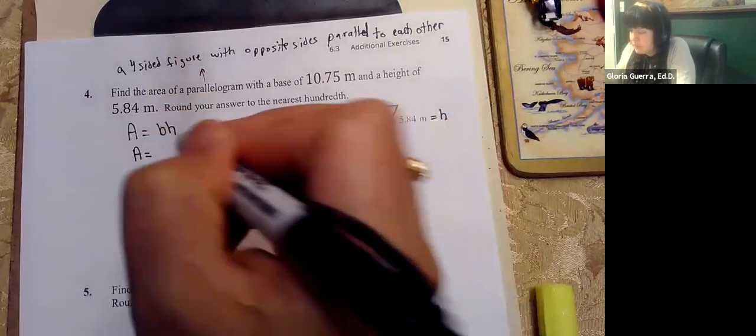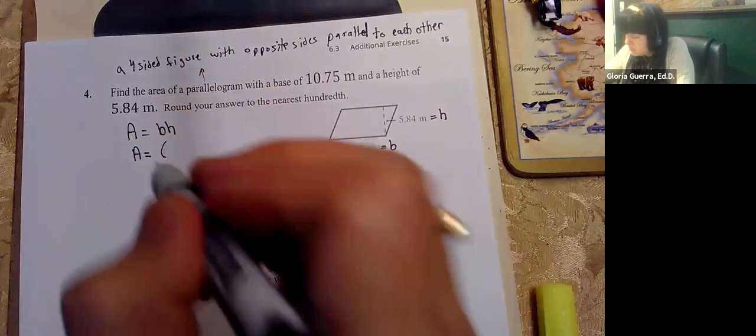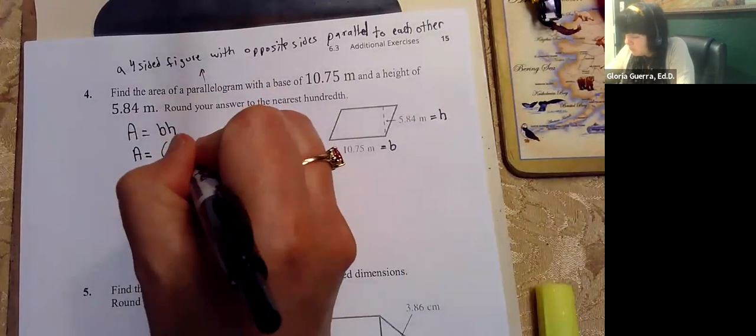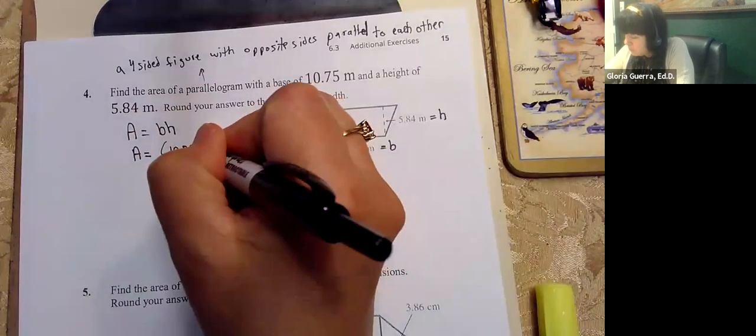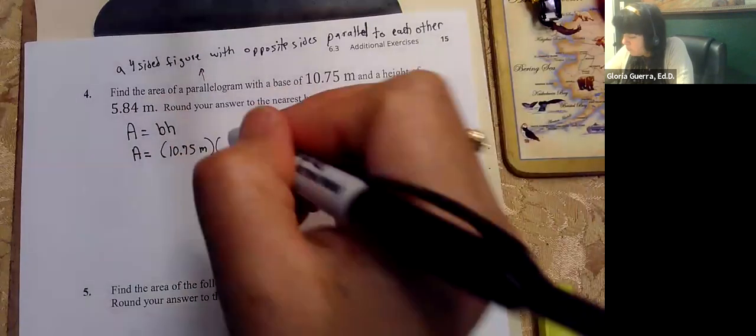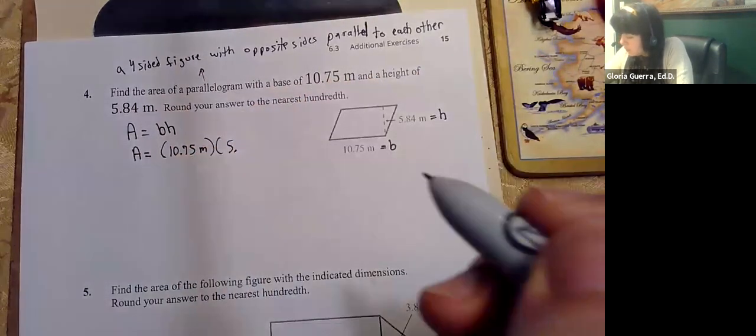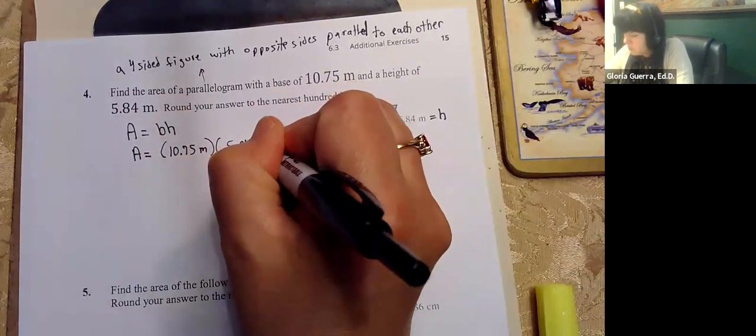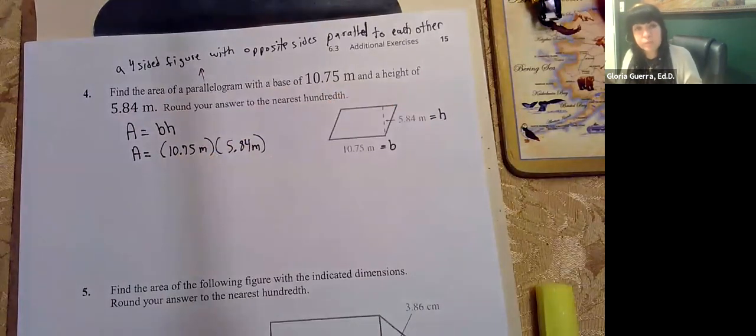Okay, and then I'm going to do my substitution. So the base is 10.75 meters. And then the height is 5.84 meters. Okay, and I'm going to show the multiplication on the side here.